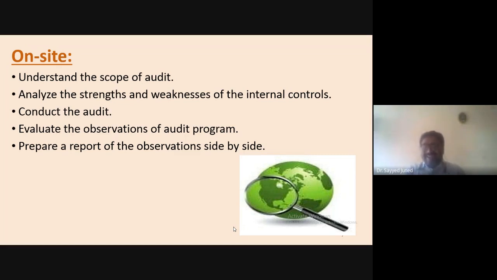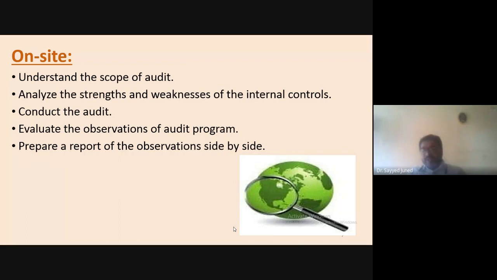Number one, understand the scope of the audit, analyze the strengths and weaknesses of the internal controls, conduct the audit, evaluate the observations of the audit program, and prepare a report of the observations side by side. First, we see what we will do in the on-site work.